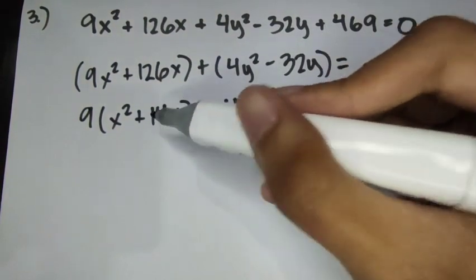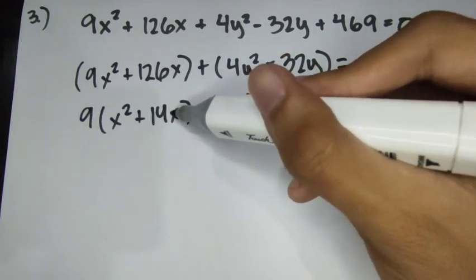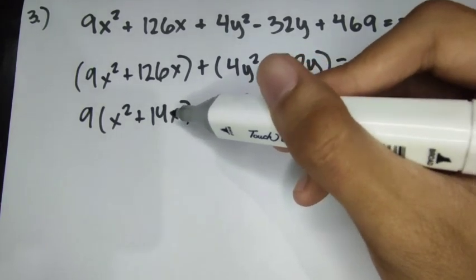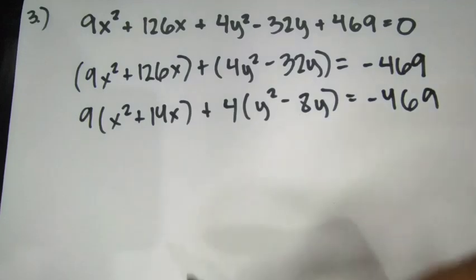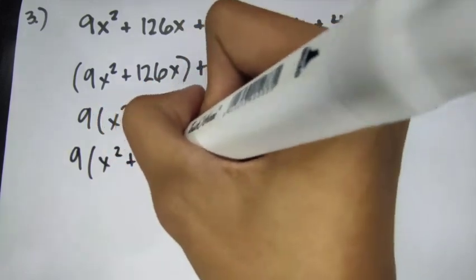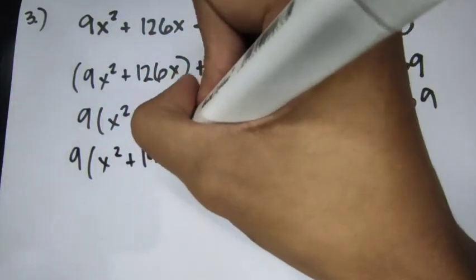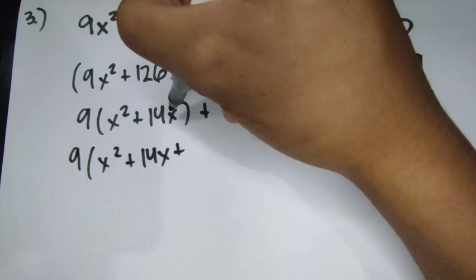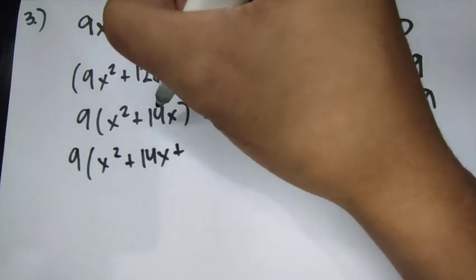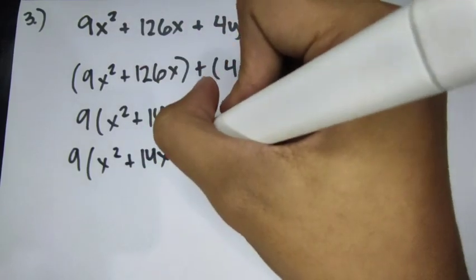After that, by completing the square, we will make this binomial inside the parenthesis into a perfect square trinomial. So 9 times x squared plus 14x plus the square of 1/2 of 14. So it will be 49.